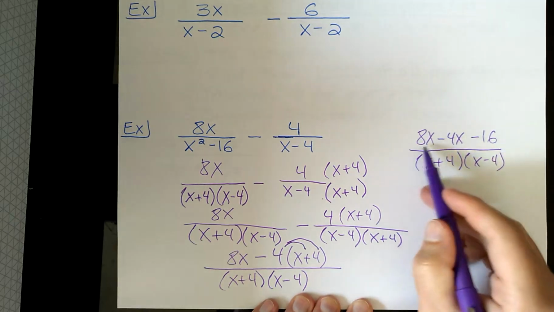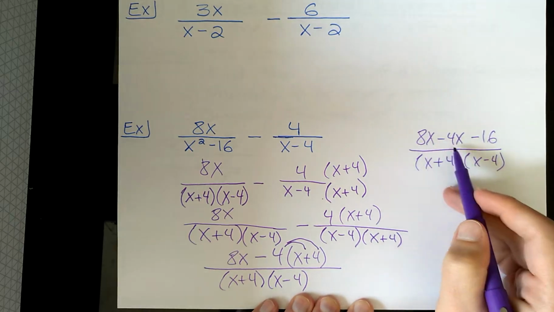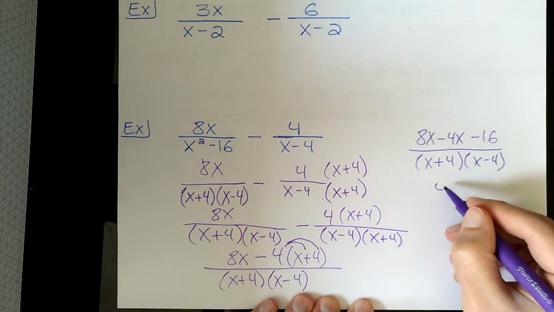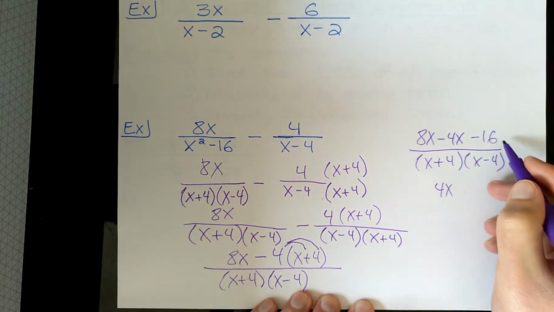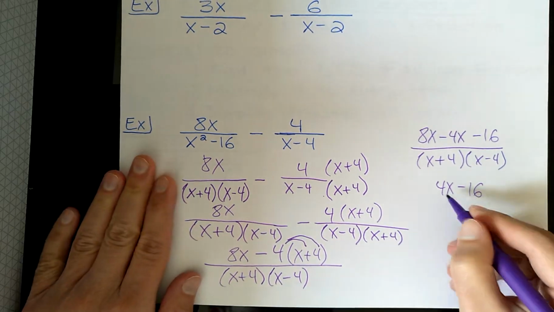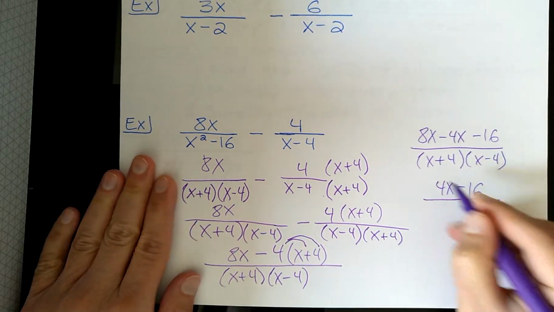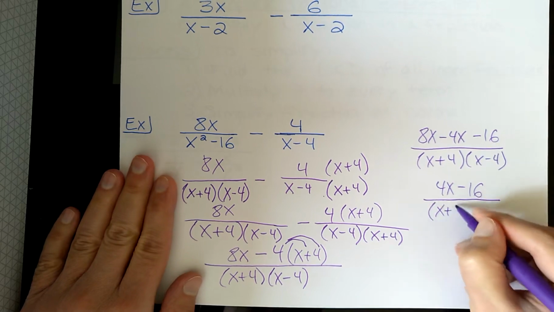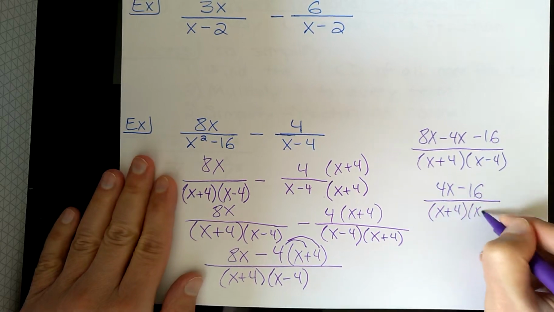Now we can combine our like terms. 8x minus 4x is 4x, minus 16, all over the same denominator again, x plus 4 times x minus 4.